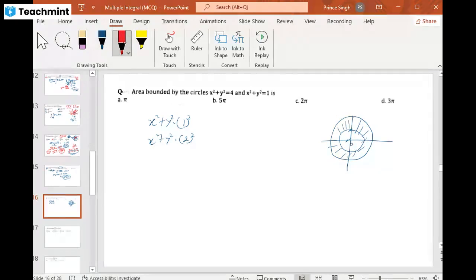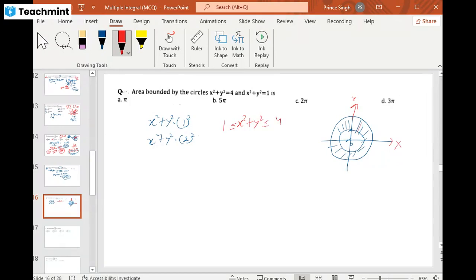Say this is our x-axis and this is our y-axis. Whenever the region is a circle, we preferably transform Cartesian coordinates into the polar coordinate system. Here x square plus y square varies from 1 to 4.